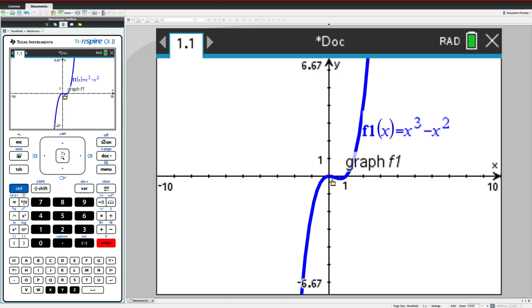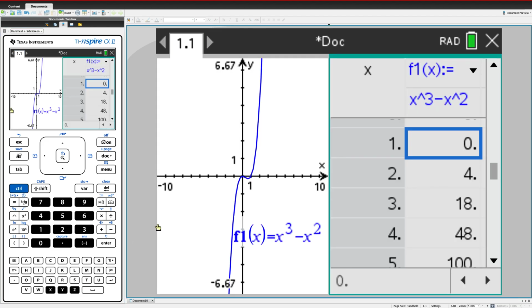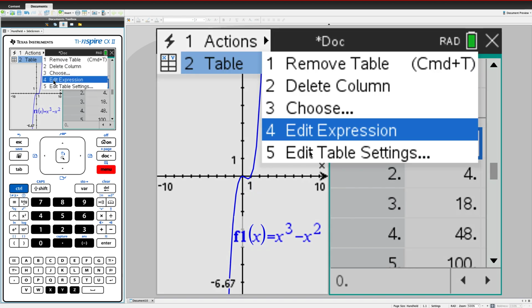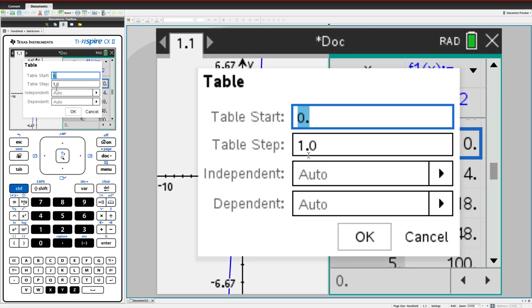So since I have my table, this time I know I said 0. I'm going to change the problem, and I'm going to try to get a couple more values. So press Control-T, and then press Menu. Let's change our table settings. We're going to find that inflection point mathematically on this one.